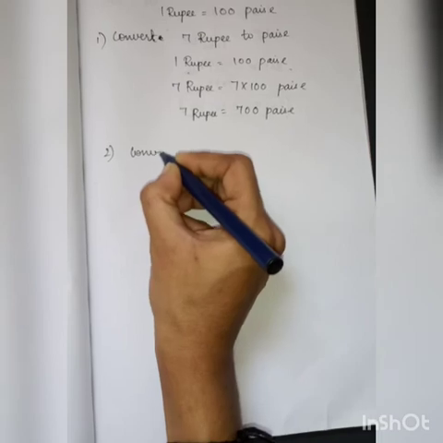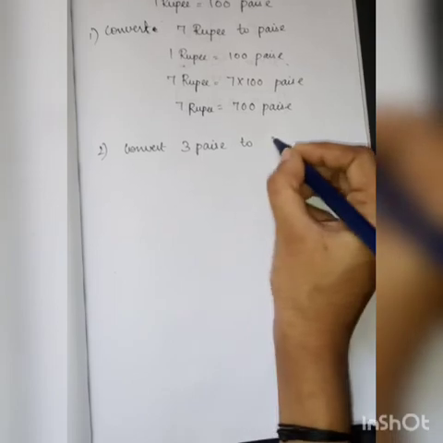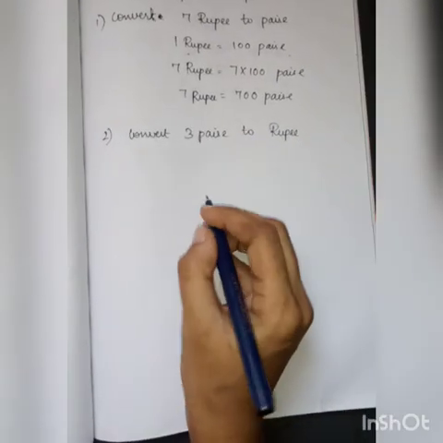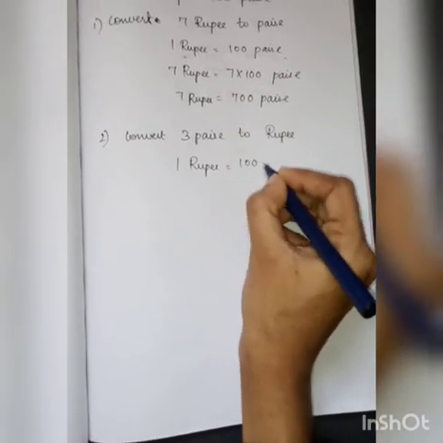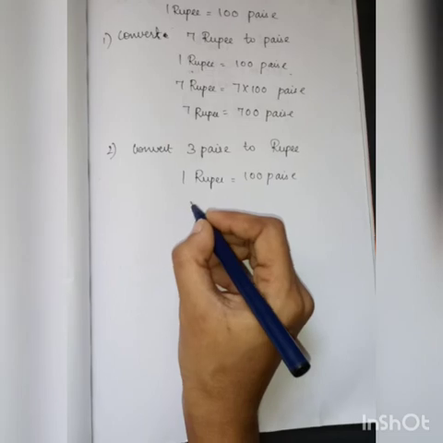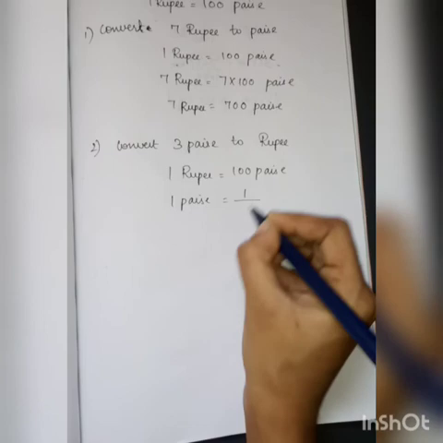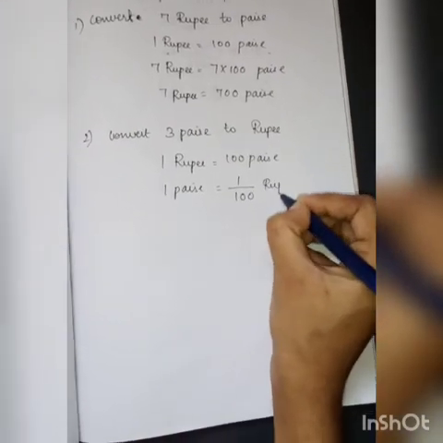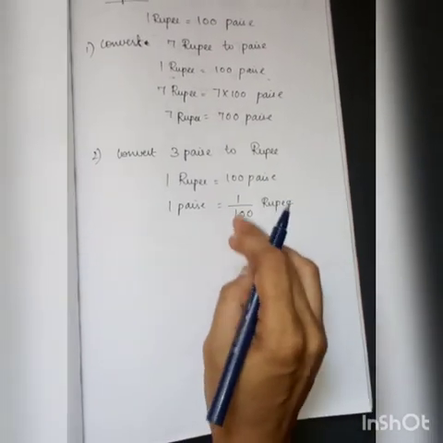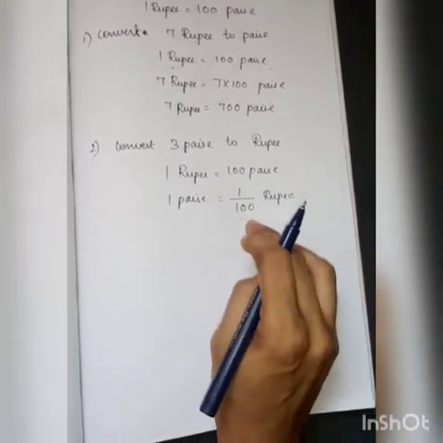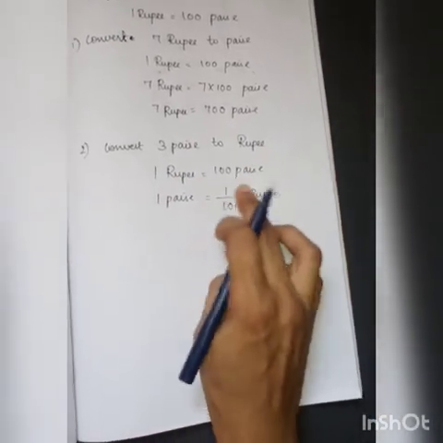Second question, convert 3 pies to rupees. So what is the formula? 1 rupee equal to 100 pies. Then 1 pie will be 1 by 100 rupee. Because it is opposite, now pies will come here, rupee will go here, then it will become division. Here multiplication, so now 1 divided by 100. Keep this in your mind: if pies come here, you will divide by 100.